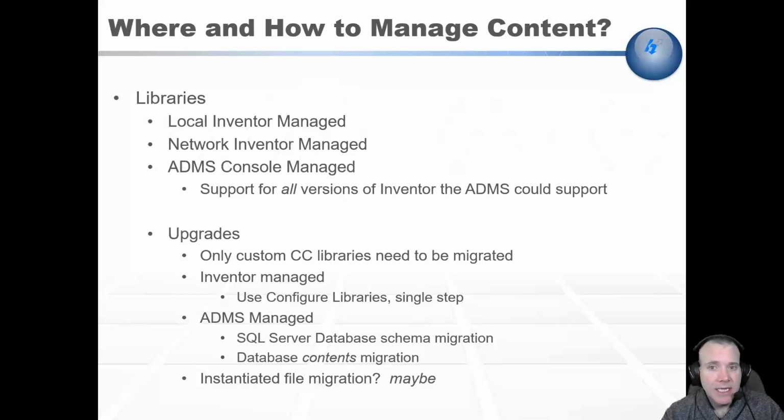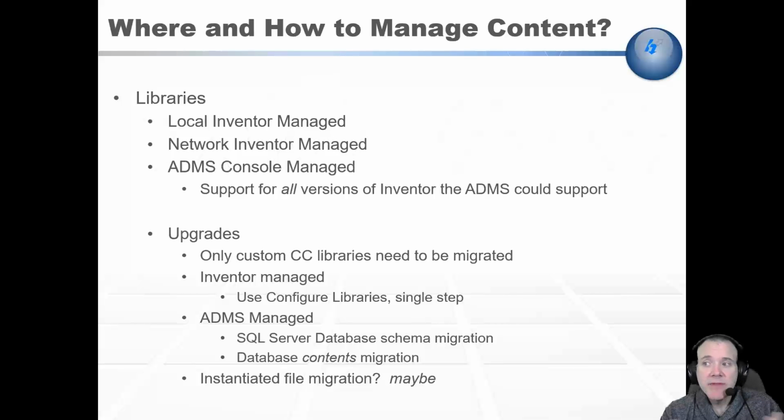So a given IDCL file is going to be related to a given release of Inventor. The Vault server can manage any library for any version of Inventor that could connect to that Vault and use it. So in the case of 2021, that would be Inventor 2021 libraries, but also Inventor 2020 and Inventor 2019.